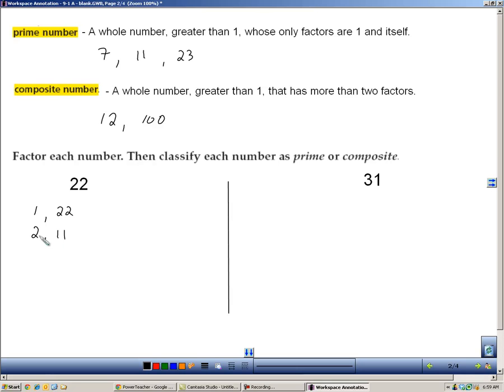Now, there's 4 of them, and if there's 4 of them, we say that this is a composite number. 31, on the other hand, you can multiply 1 and 31 to get 31, but that's it. There's no other factors that you can multiply to equal 31, so we say that 31 is prime. So listing all the factors will be able to tell you if a number is prime or composite.